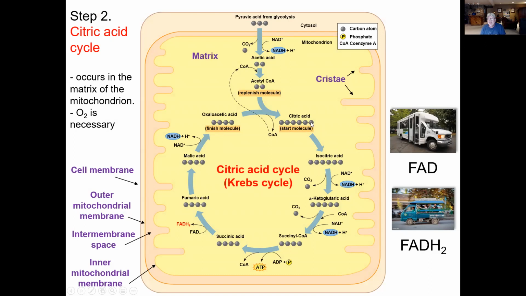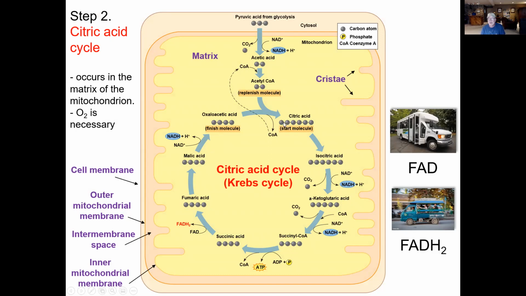This 6-carbon compound undergoes a series of chemical modifications and alterations. Again, it's not important that you worry about the names of all these intermediary compounds. But let's just follow what happens to the carbons here, and if we make any interesting things along the way.